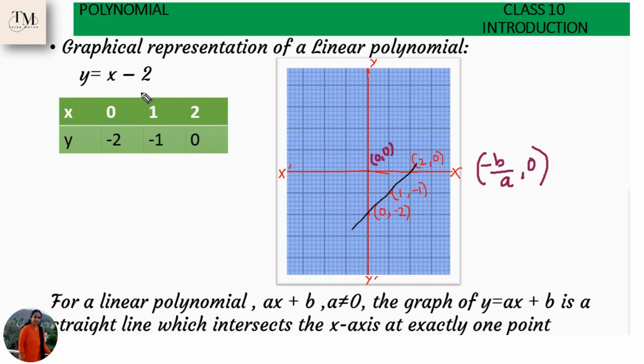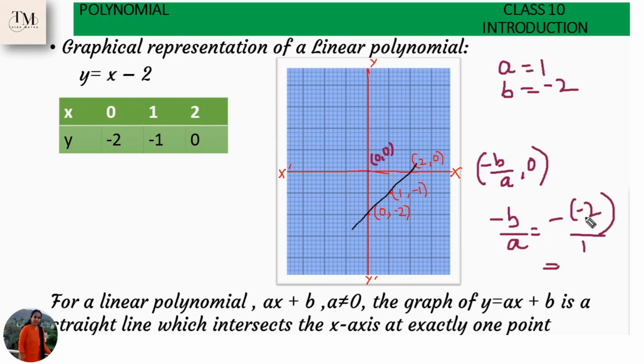Here y is equal to x minus 2, so a is equal to 1, b is equal to minus 2. So minus b by a will be equal to minus of minus 2 divided by 1. Minus into minus is plus, 2 by 1 is 2.